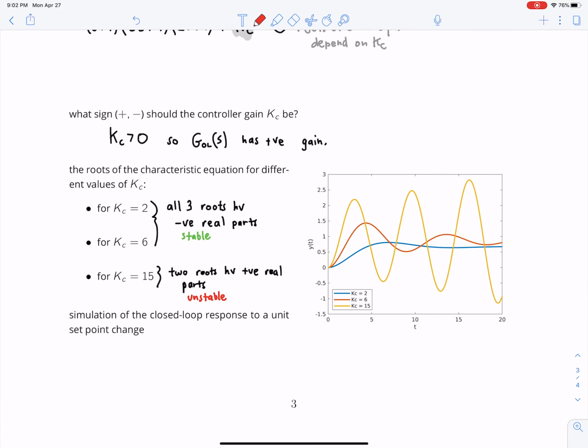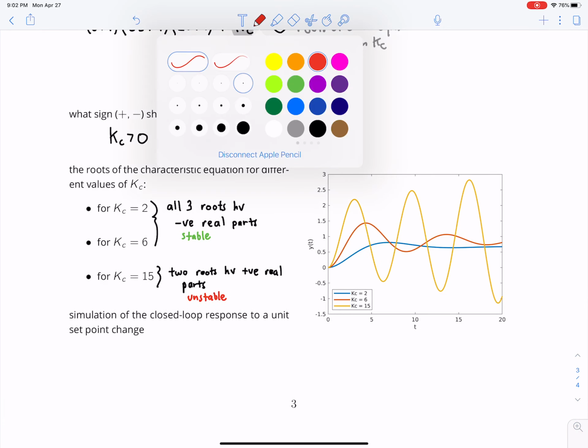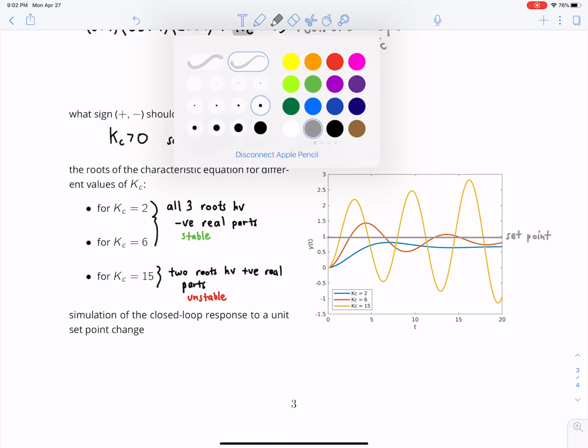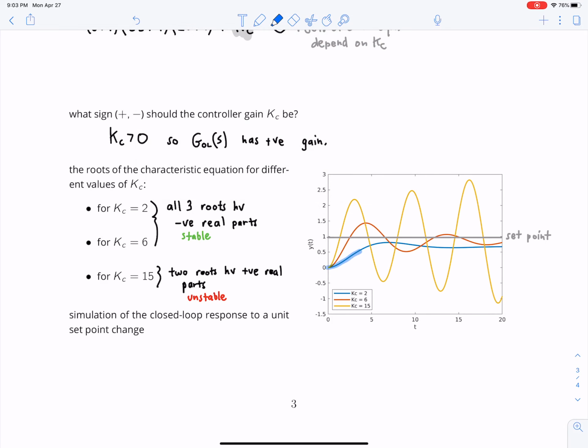So now we can look at a simulation of the closed loop response to a set point change. What I did here is I made a set point change of 1. So this is the set point. All right, and there's some offset here because it's P control. But I want you to notice that for Kc equals 2, the controller takes the output variable and brings it towards the set point.